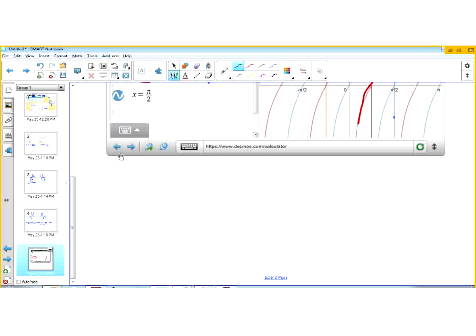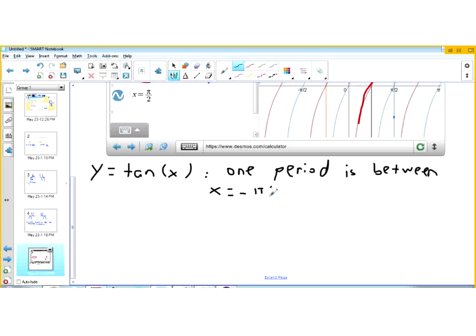So we know that for y equals tan x, one period is between x equals negative pi halves and x equals pi halves.